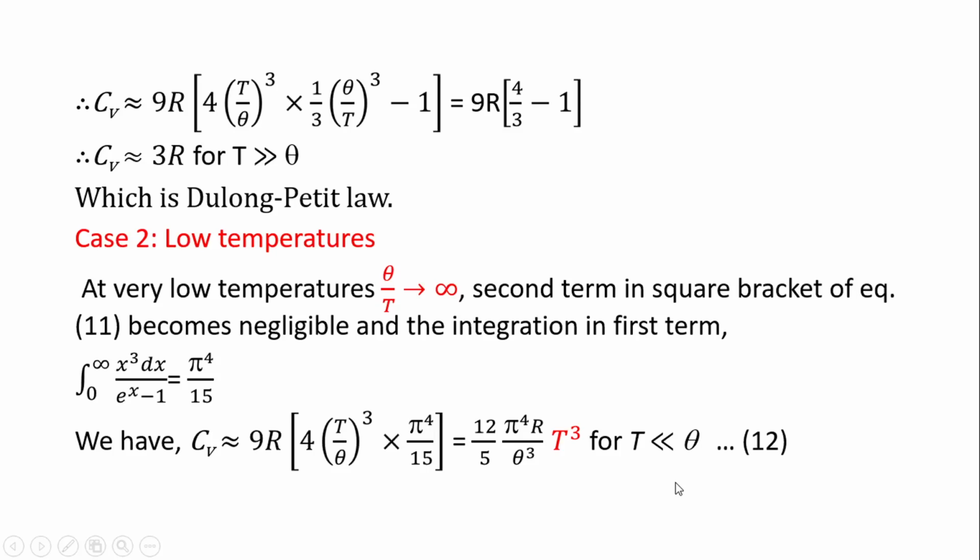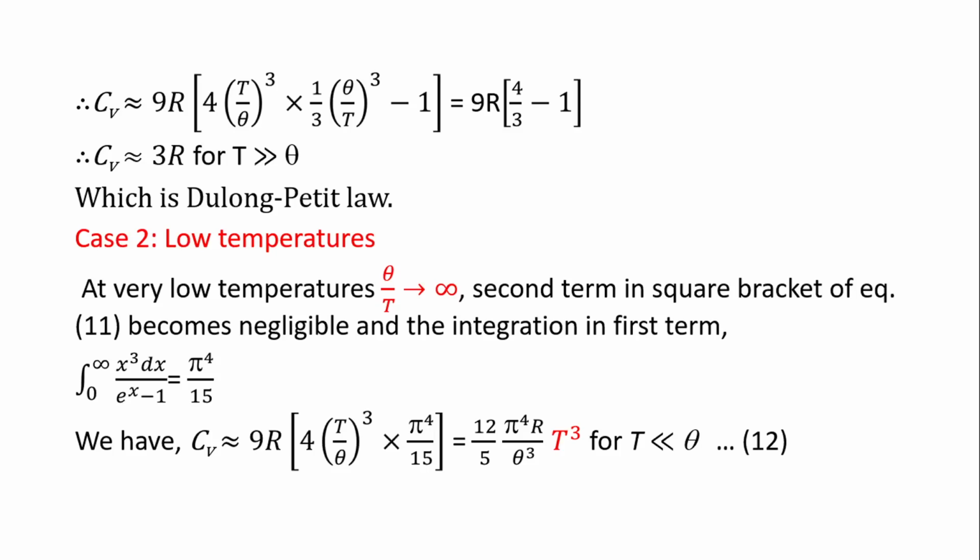And after putting the values we have obtained of the first and second term in the Debye specific heat formula, we find that it simply reduces to 9R in the bracket 4 by 3 minus 1, that is simply equal to 3R for T very much greater than theta, and this is what we call the Dulong-Petit law. So Debye specific heat formula reduces to Dulong-Petit law at very high temperature.